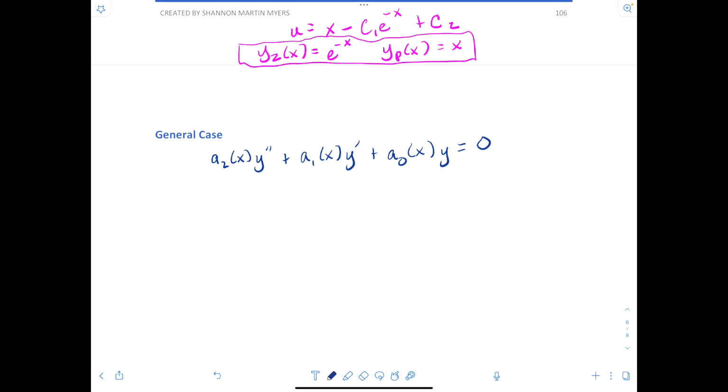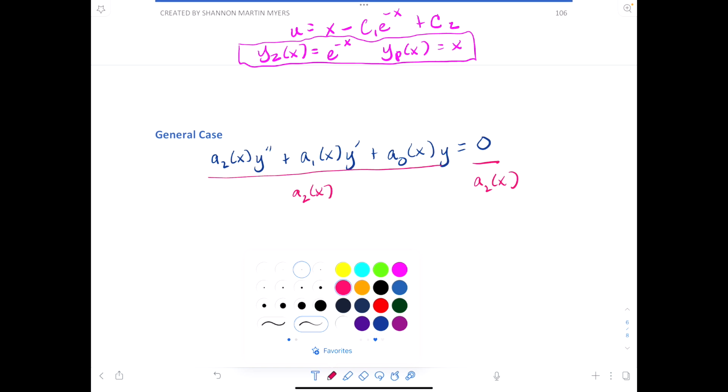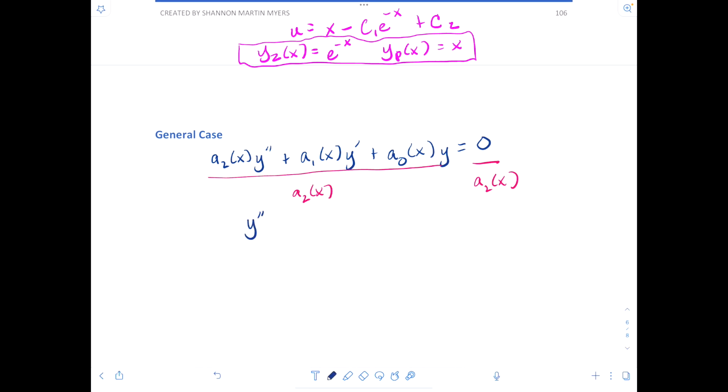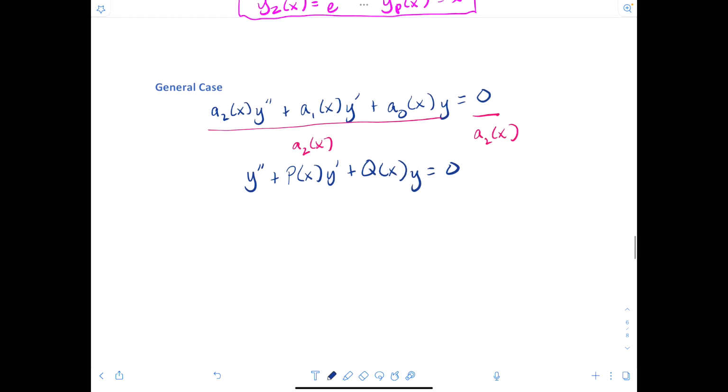Now, if we divide through by a2 at x, and we're going to assume, of course, a non-zero case for this coefficient, we'll end up with y double prime plus, now we'll call a1 at x over a2 at x some p at x, times y prime, and then a0 at x over a2 at x, we could call some q at x, times y is equal to 0.